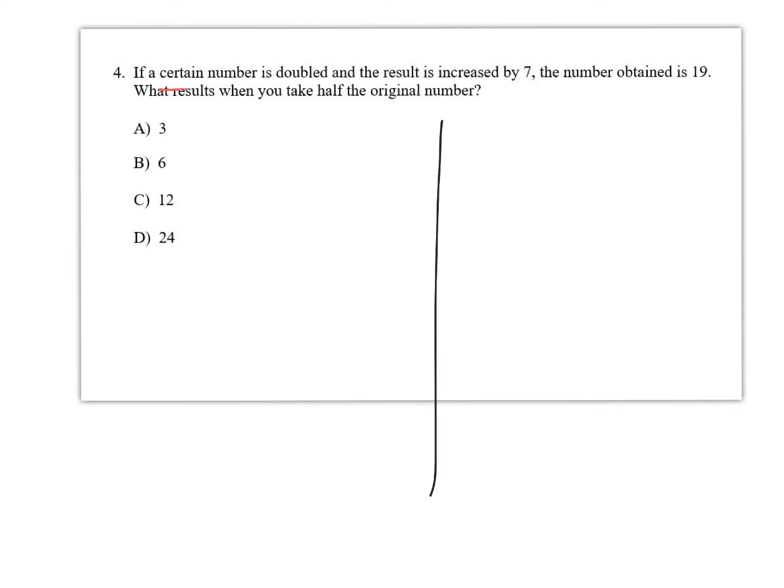A certain number. Now I don't know what that is, so that's going to become x. And we're going to take that certain number and we're going to double it. Now be careful, doubling does not mean x squared. It is 2 times a number, so it is 2x.